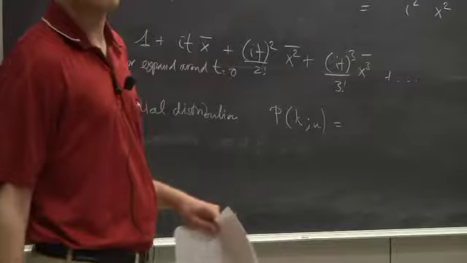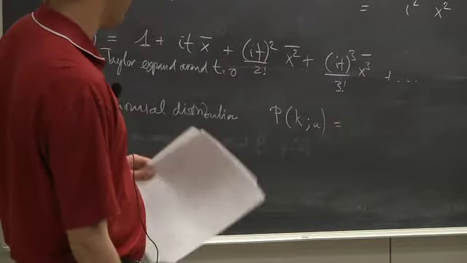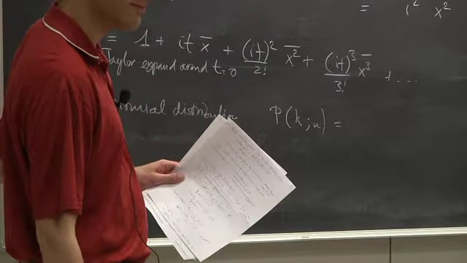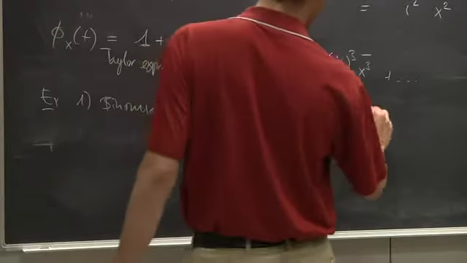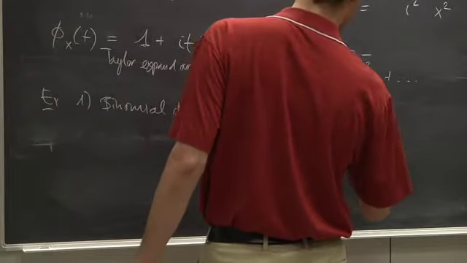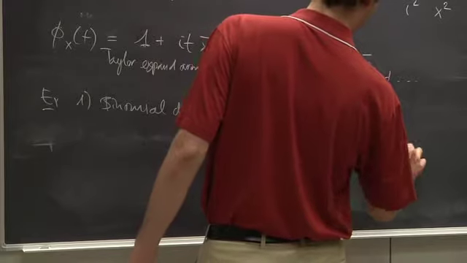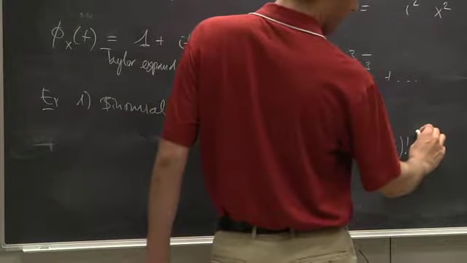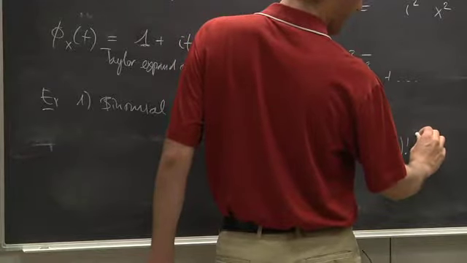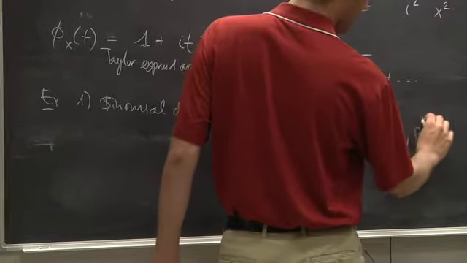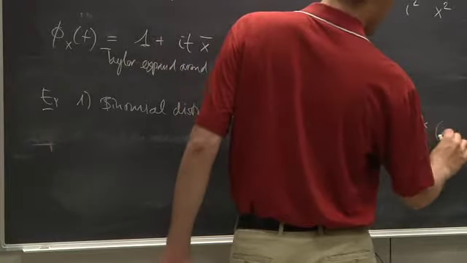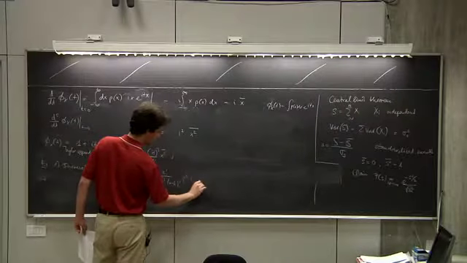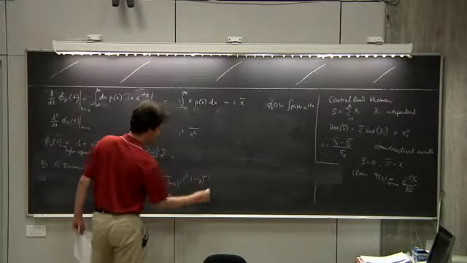Do you remember what is the formula for that? Yes, n choose k times, we call p the probability of success, p raised to k, and 1 minus p to the n minus k, right?